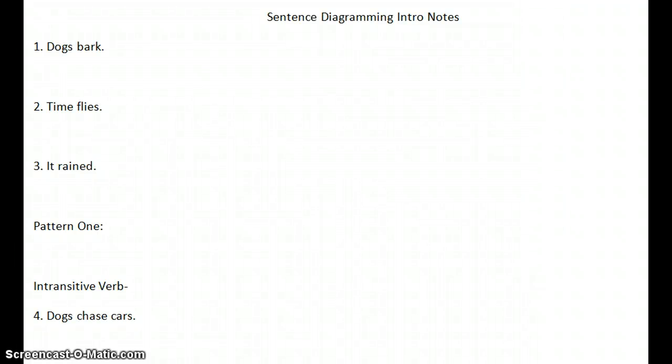Welcome to the first video in a series of videos on sentence diagramming. Sentence diagramming is really just a way to visually represent the way that words function in sentences.